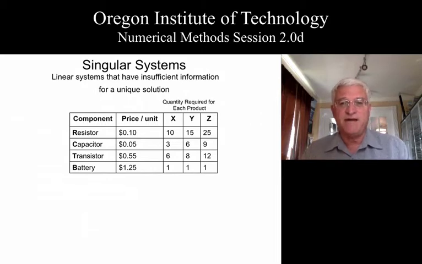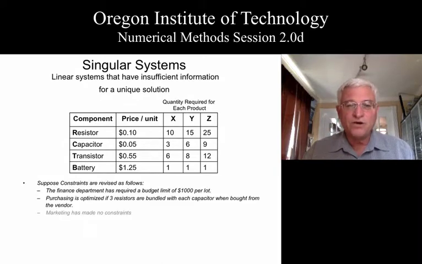Let's look at some examples, because now we're going to introduce some trouble and see when we don't have enough data to actually solve a system. Now you've seen this before. This was our little electronics or mock electronics example. And out of that, we were forming a series of equations. So let's go back and look at the constraints that the finance and the purchasing departments made.